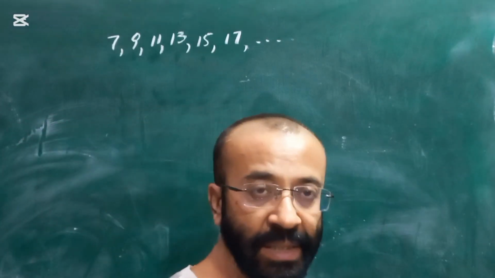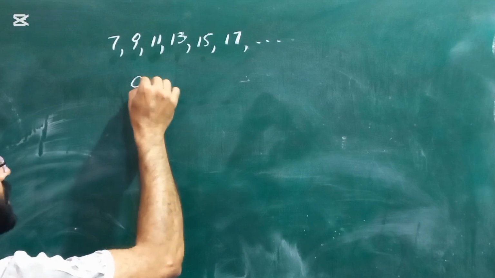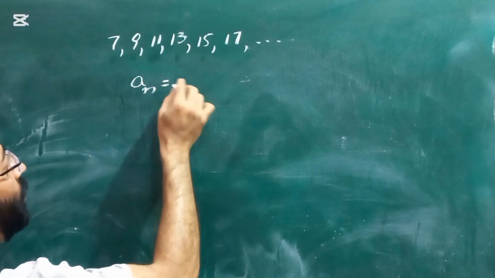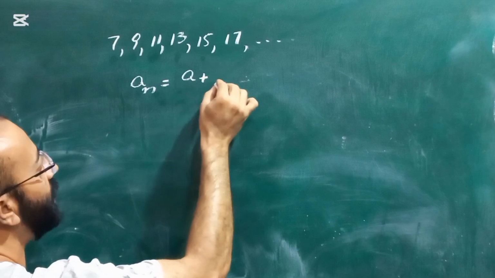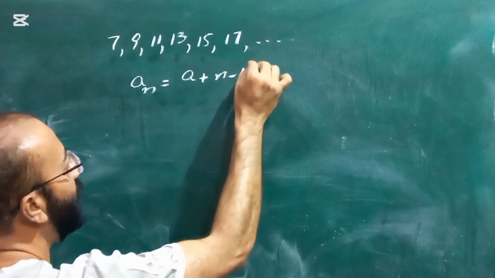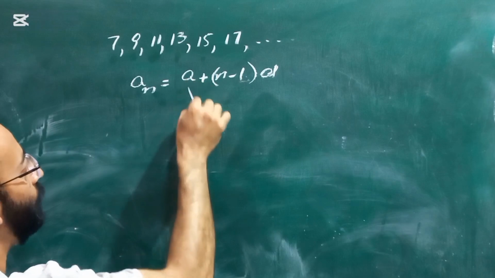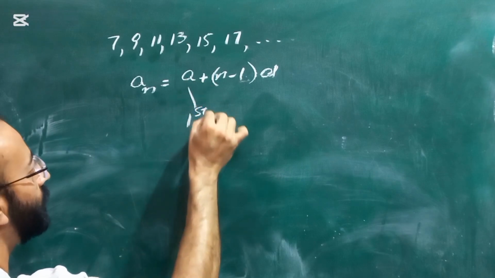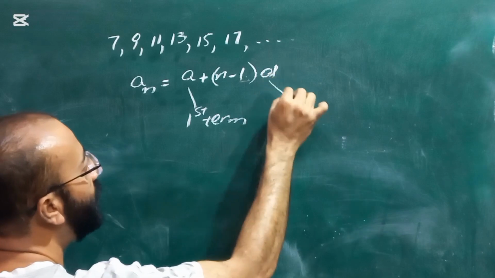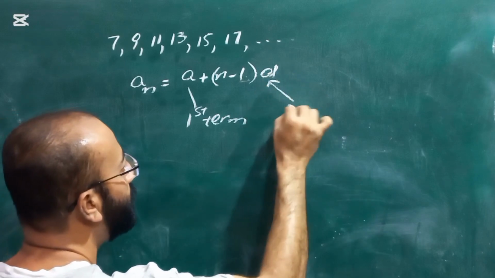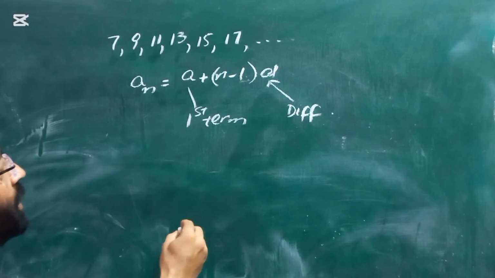When the difference is the same, the special and easy method to find the nth term of this kind of number sequence is the formula a plus n minus 1 into d, where a is the first term, d is the difference, and n is the number of the terms.